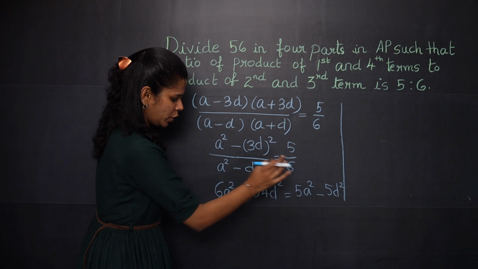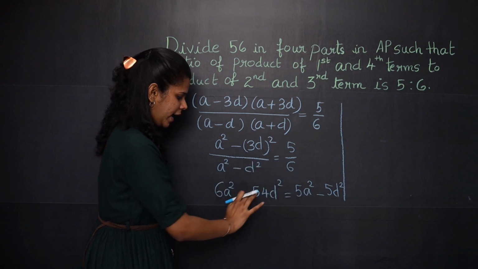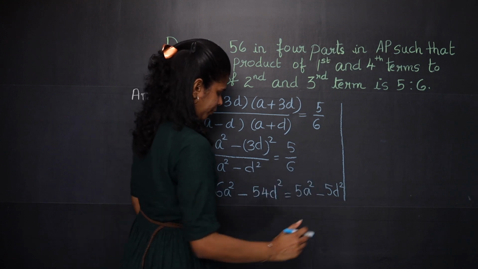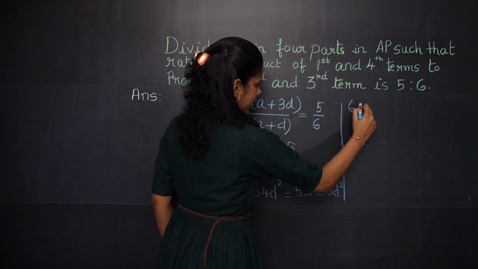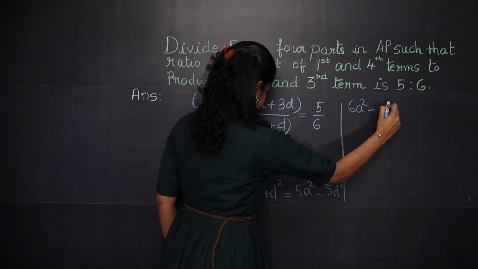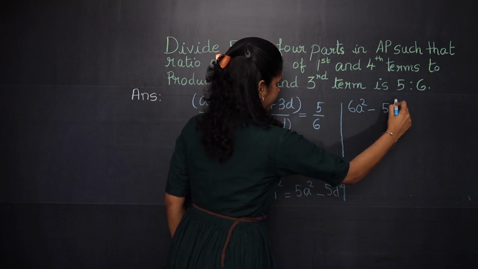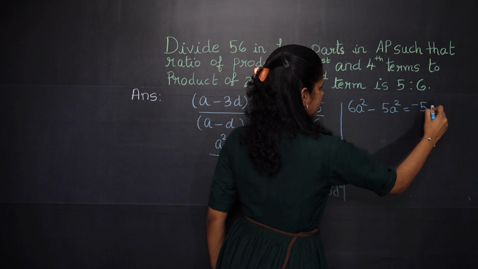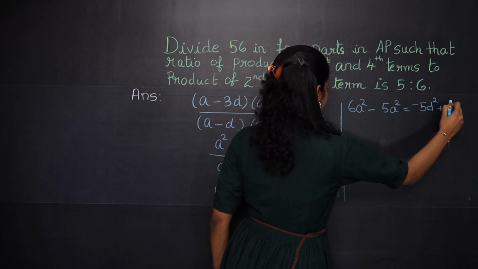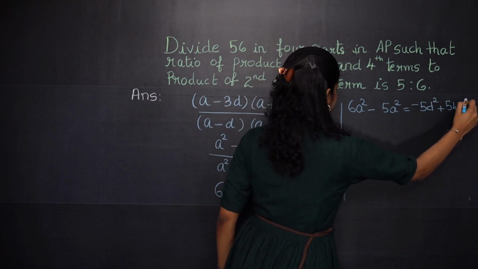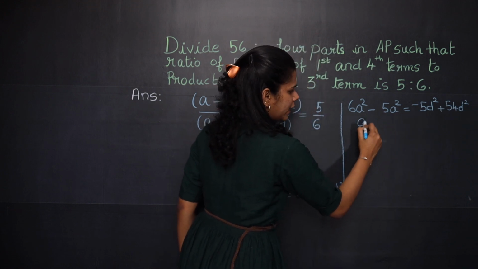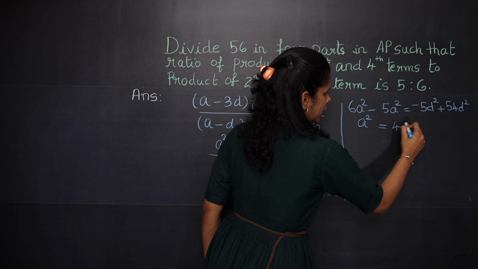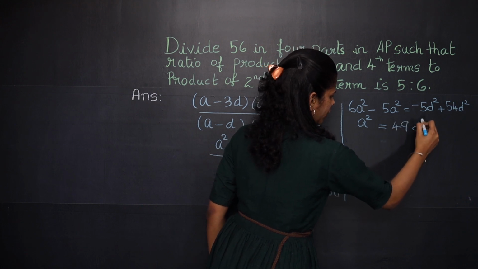So 5a square you can move on to the LHS, and negative 54d square you can move on to the RHS. So it becomes 6a square minus 5a square is equal to negative 5d square plus 54d square. So here it becomes a square is equal to 49d square.